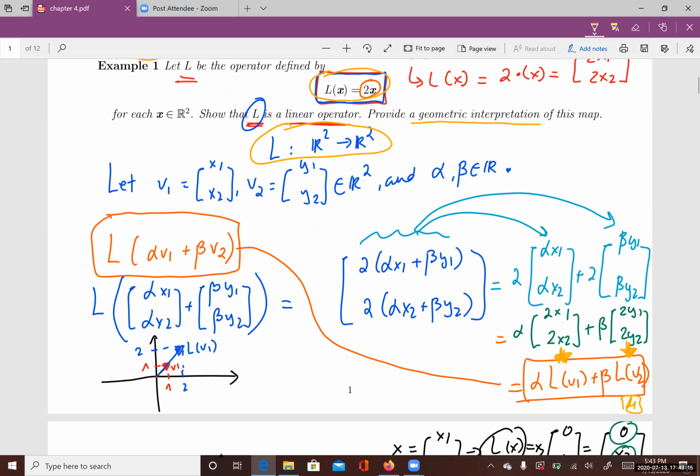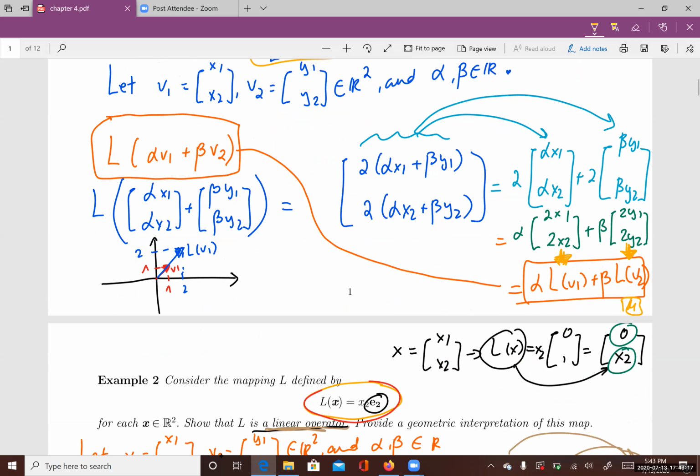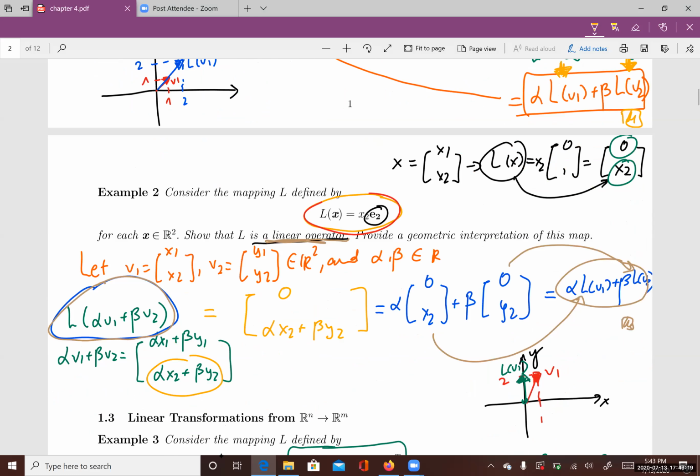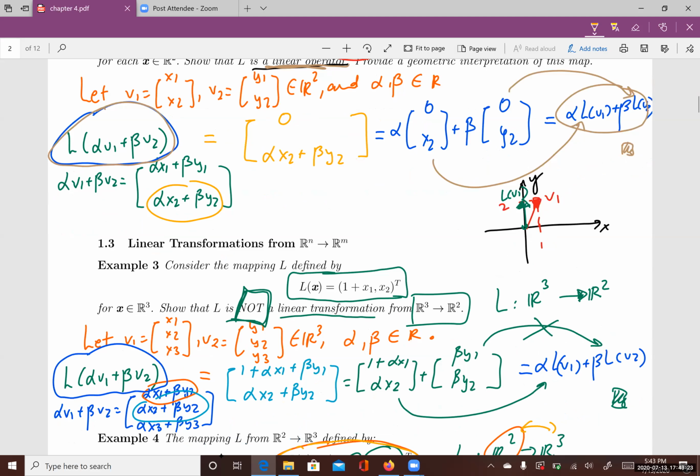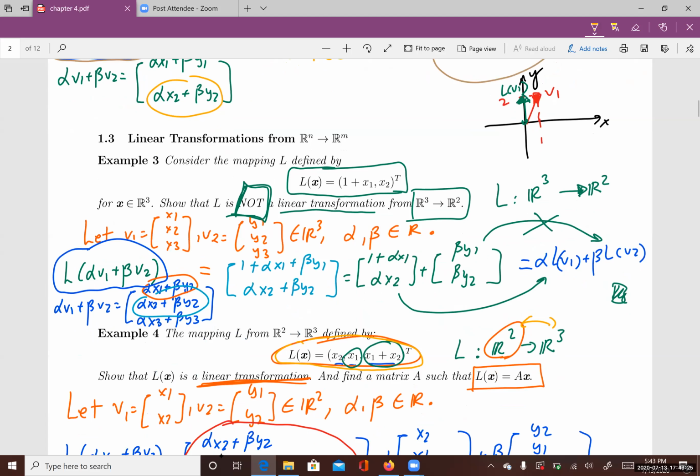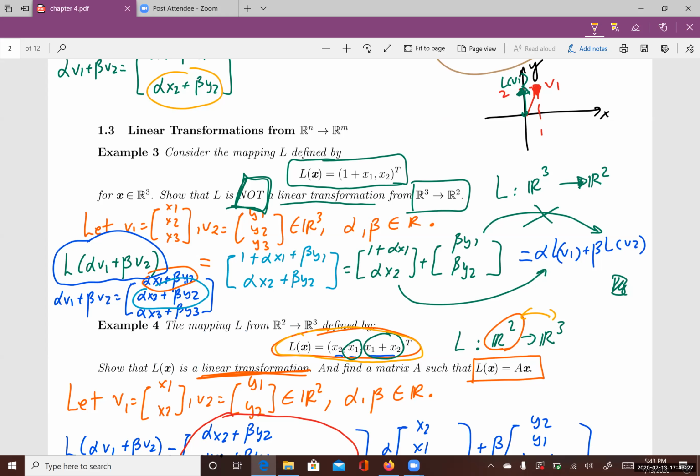descriptions. And I showed a few examples on how to show a map is a linear transformation or not, just by using the definition. Always keep in mind that when you call out two random vectors, you need to make sure that these vectors are in the corresponding vector space, which is this vector space.